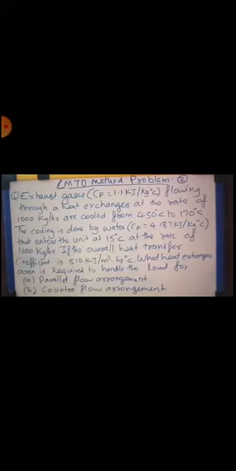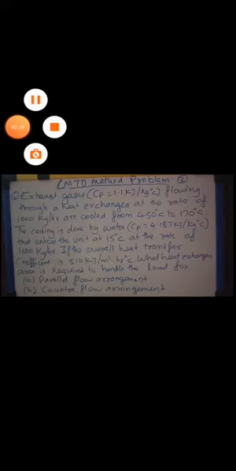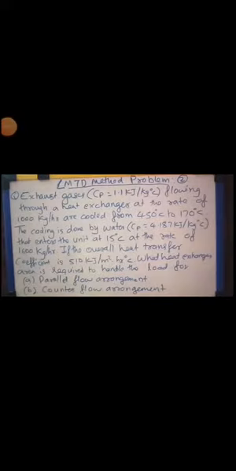The cooling is done by water having Cp 4.187 kilojoule per kilogram degree centigrade that enters the unit at 15 degrees centigrade at the rate of 1600 kilogram per hour. If the overall heat transfer coefficient is 510 kilojoule per meter square hour degree centigrade, what heat exchanger area is required to handle the load for A. parallel flow arrangement and B. counter flow arrangement? This is the question.